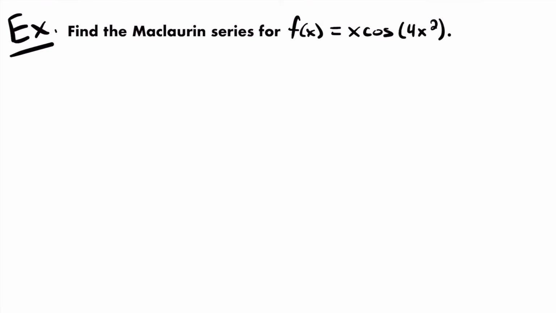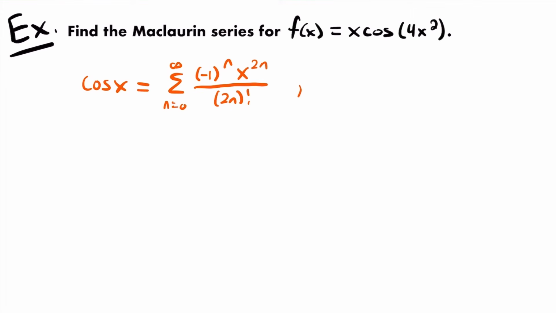All right, so from that list that we were just looking at, we saw that cosine of x is equal to this Maclaurin series. We have the sum from n equals 0 to infinity of negative 1 to the power of n times x to the power of 2n divided by 2n factorial. All right, and that's convergent from negative infinity to infinity.